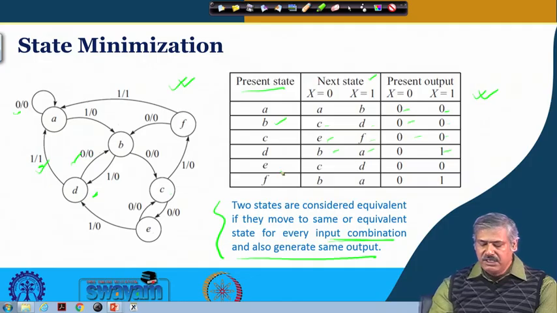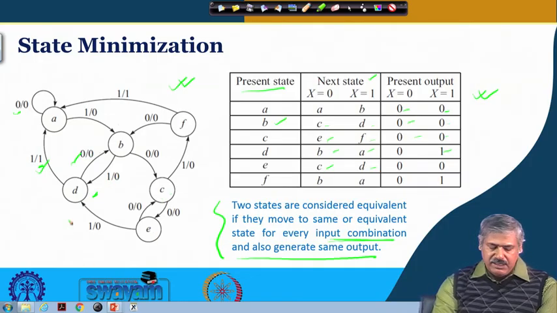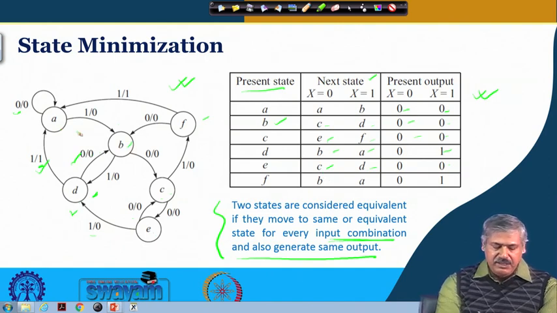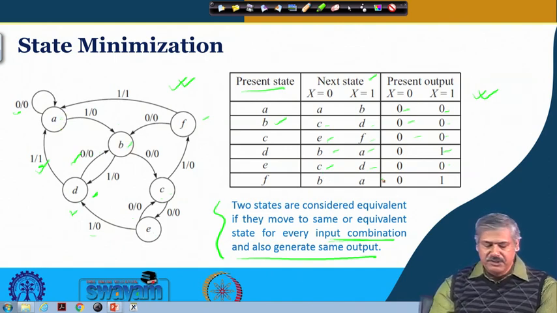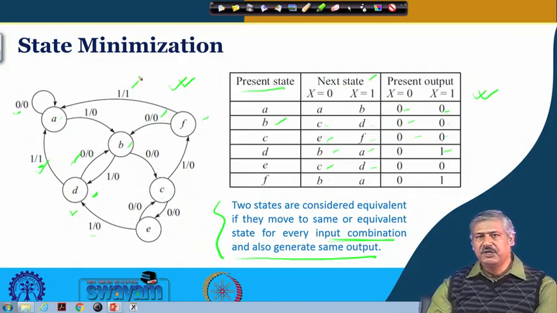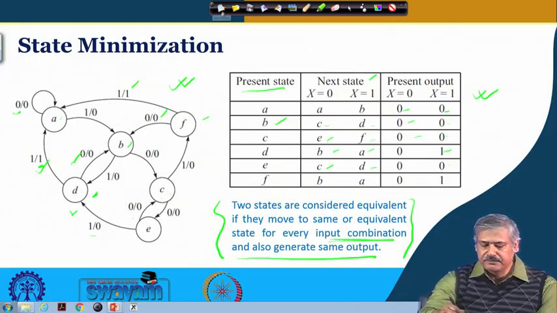E goes to C and D, output is 0 in both cases. For F, it is going to B and A, and output is 0 over here and 1 over there. Is it okay? This is the way to map it in a manner easier for us to apply the equivalence relationship and examine redundancy.